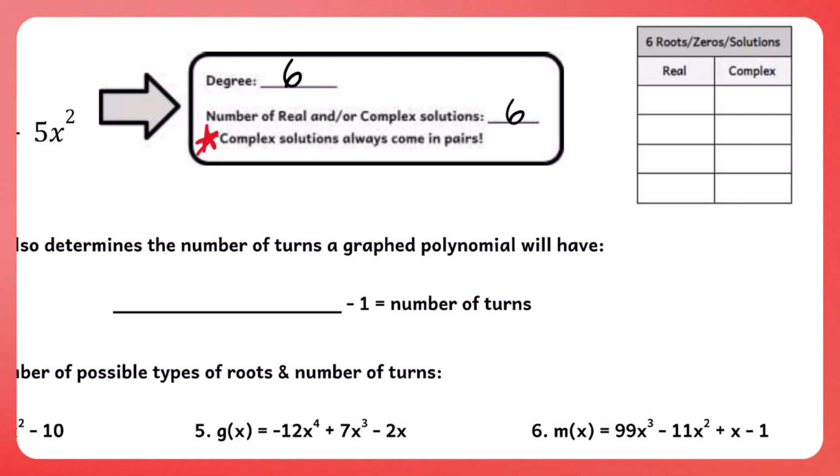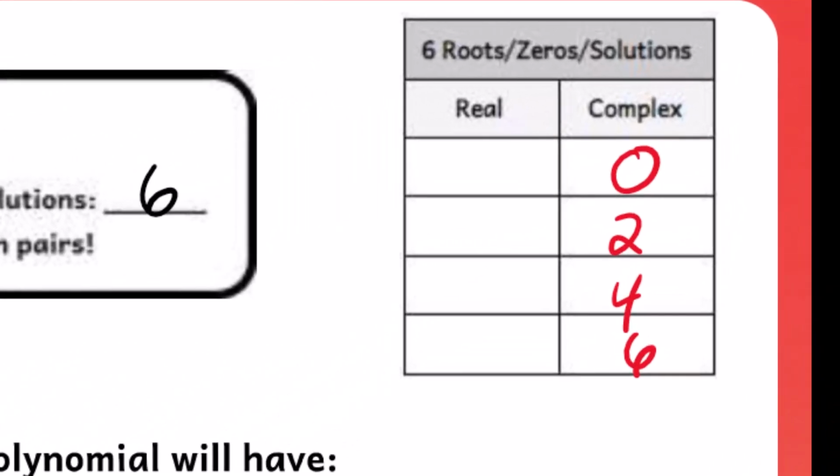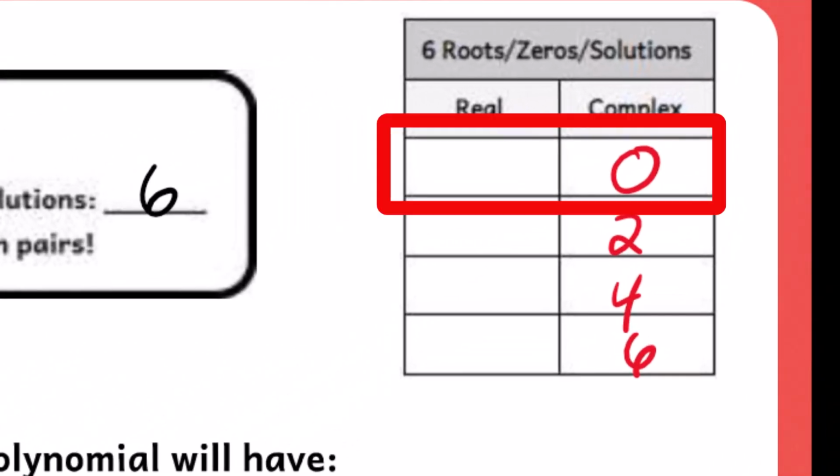So in the complex number column, we could have 0 complex roots, or we could have 2 or 4 or all the way up to 6, because 6 is the degree of the function. So you can only have an even number of complex solutions. Together, the real and the complex solutions have to have a sum of 6.